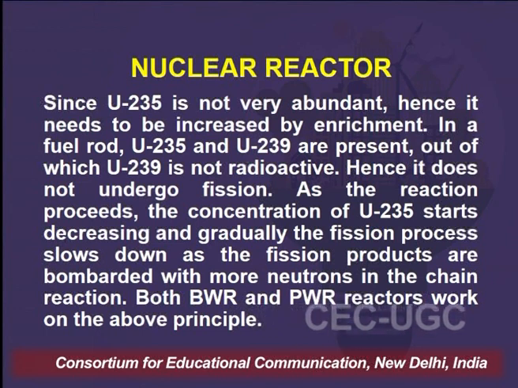Hence, it does not undergo fission. As the reaction proceeds, the concentration of uranium-235 starts decreasing, and gradually the fission process slows down as the fission products are bombarded with more neutrons in the chain reaction. Both BWR and PWR reactors work on the above principle.